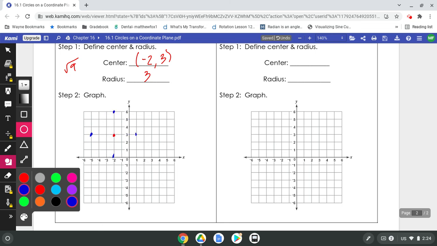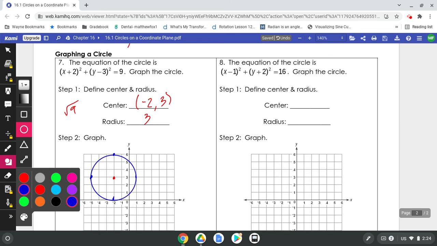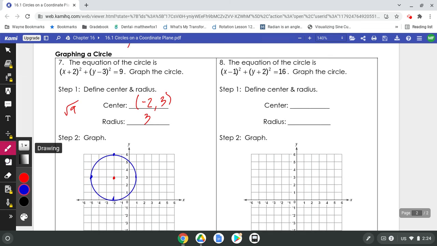That's a little big. There we go. And then finally, the last one, we know that it has a center at (1, -2). We do the opposite of both this and this. Square root of 16, so the radius is 4.